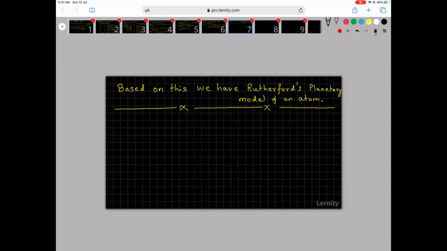Okay, now the salient features of his model.